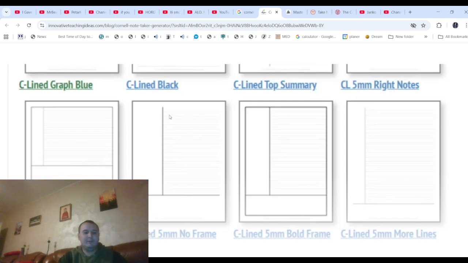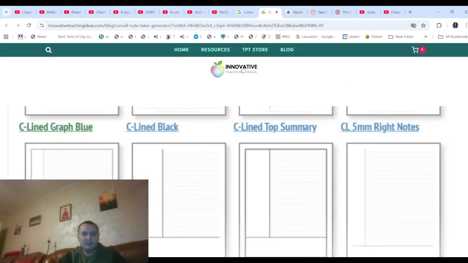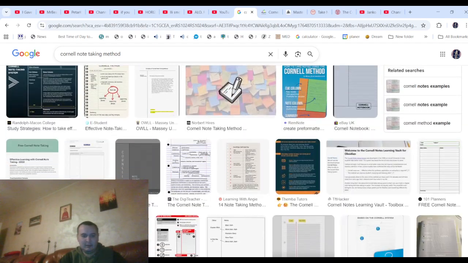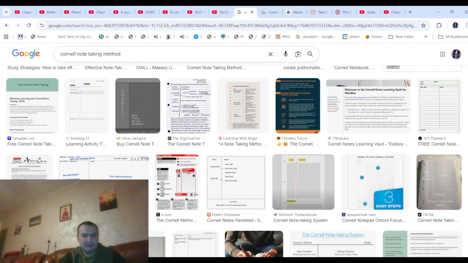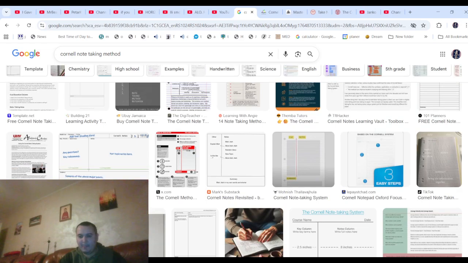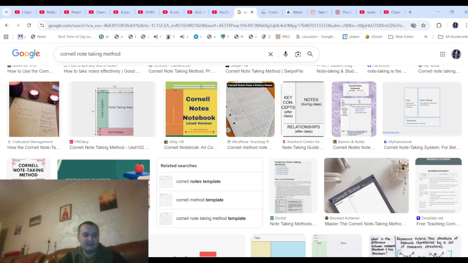You have no frame, you have lines, 5 millimeter lines, with lines, without lines. Basic, very, very basic, but very effective at the same time.